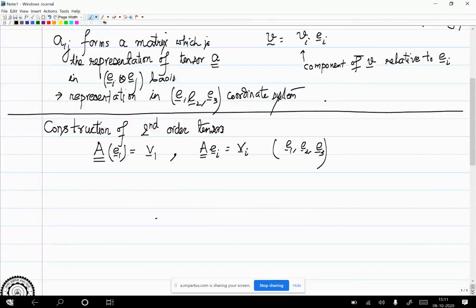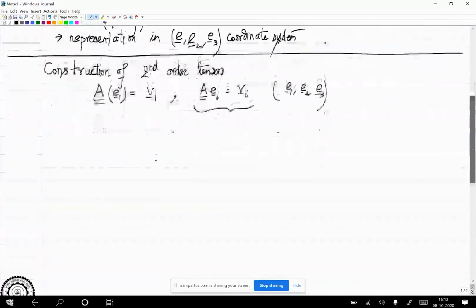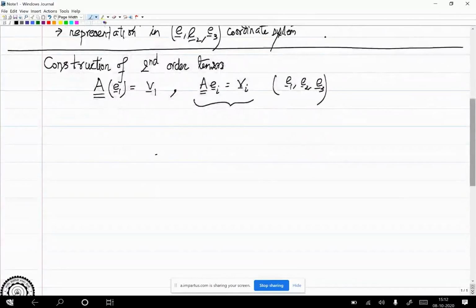So just by knowing this piece of information, is it possible for us to construct what exactly A is? What is the form of A? Can we construct it? That is the question here. These e1, e2, e3 need not be perpendicular to each other. They just have to be three linearly independent vectors. If you know how a tensor acts on three linearly independent vectors, then you can fully construct that tensor.